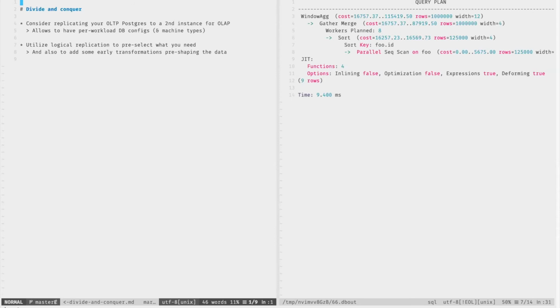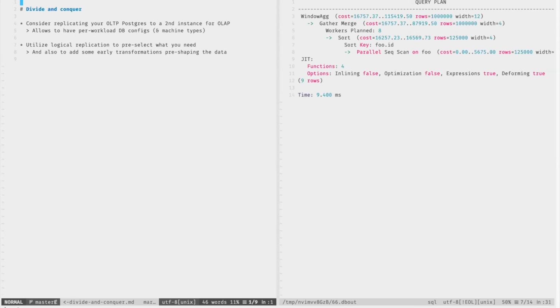So get yourself a second instance with Postgres, follow the replication guide in the documentation, and then spread across the database. The best possible tip I can give you here is to utilize your logical replication, because that allows you to simply pick what you need.